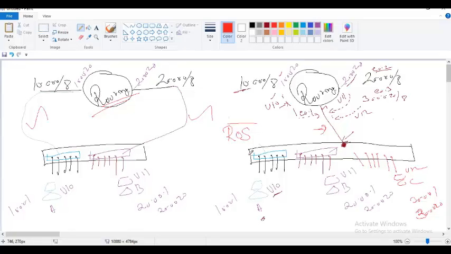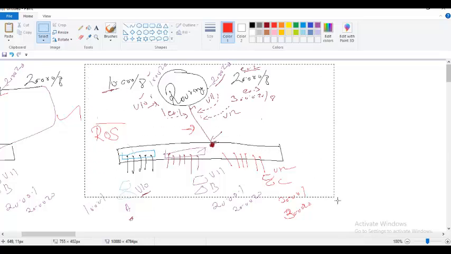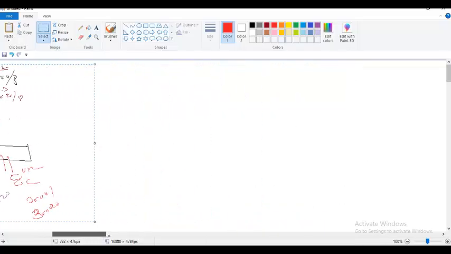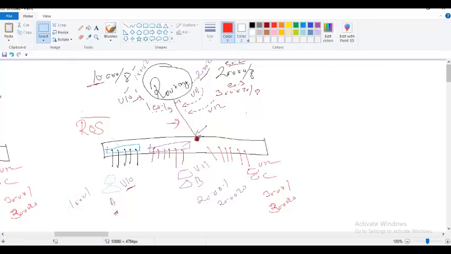Basically, it is the same picture. But it's one box.